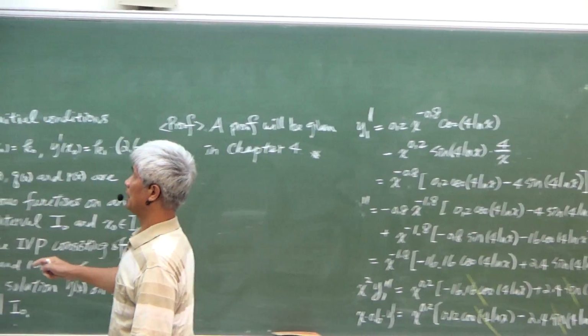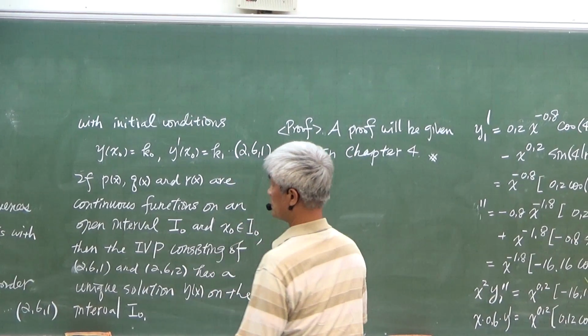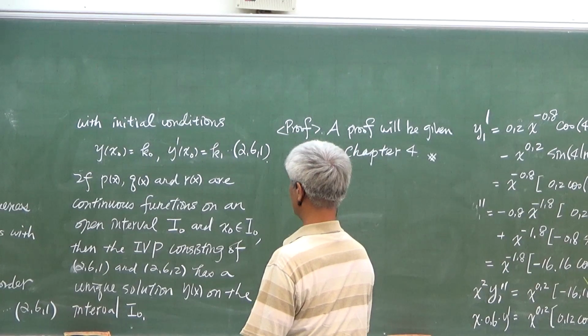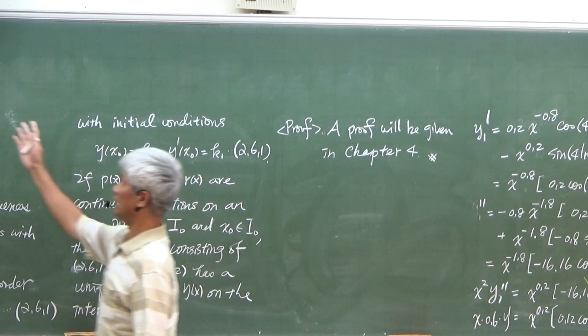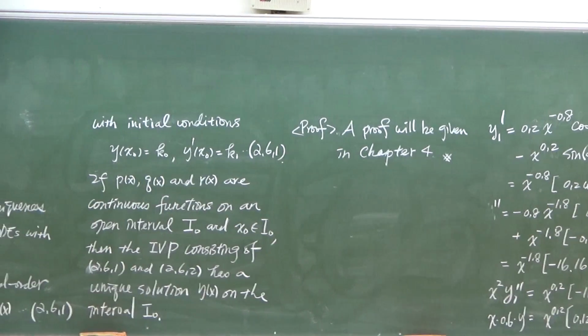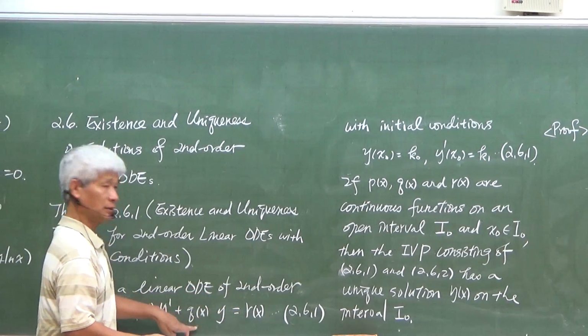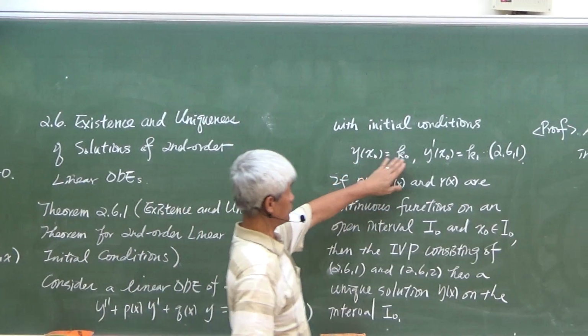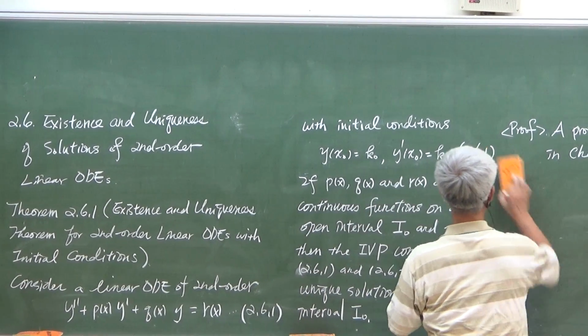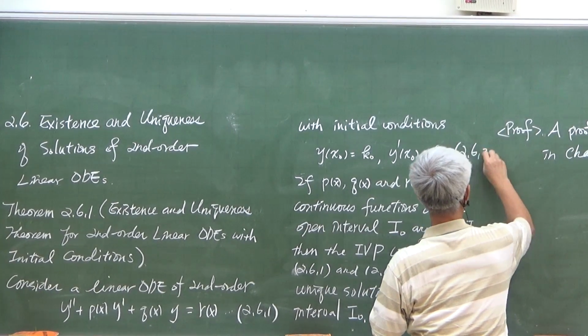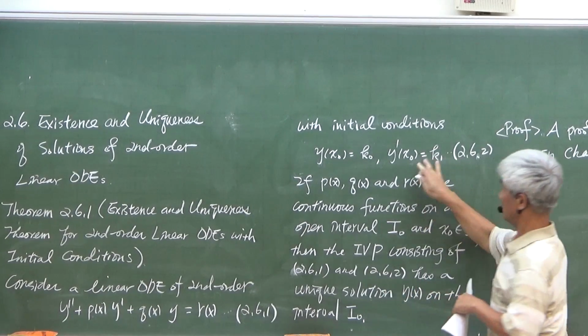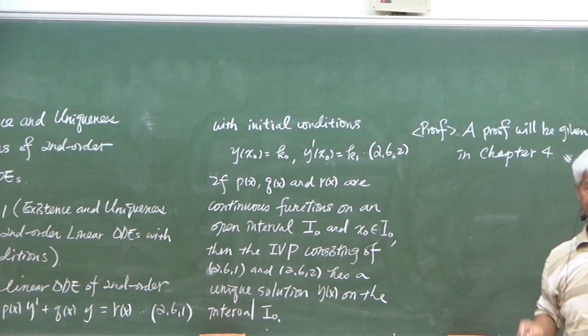Oh, okay, I already erased here. This is 2.6.1. Sorry, I'm sorry. This equation is 2.6.1.